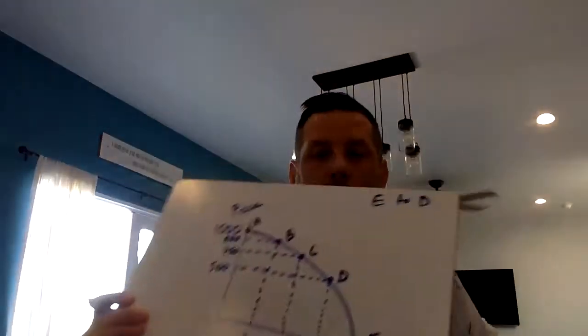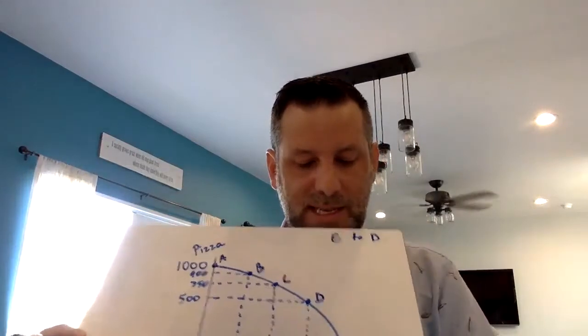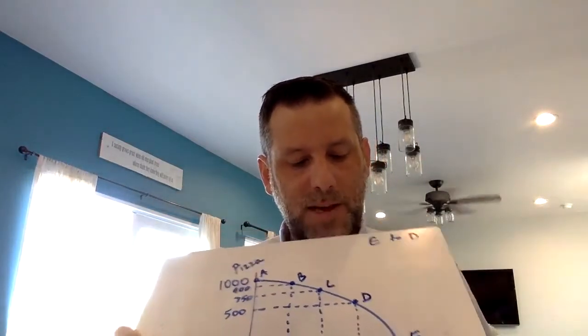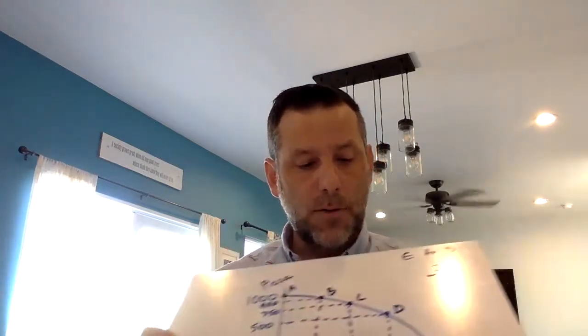Now, what about the per unit opportunity cost of going from E to D? That's different because we're going in a different direction. E to D, right? As I go from E to D, I'm going to be giving up 2, right? So my opportunity cost is 2. And as I go from D to E, I gain from 0 to 500. So I have 2 over 500, which is equal to 1 over 250.